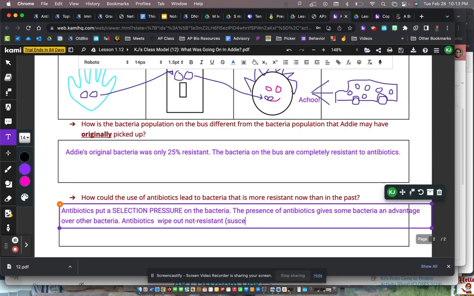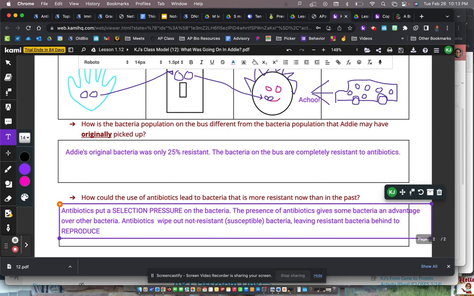Another word would be susceptible. We've used that word a few times. Antibiotics wipe out not resistant or susceptible bacteria, leaving resistant bacteria behind to, this is important, reproduce. Over time, the proportion of resistant bacteria increases.